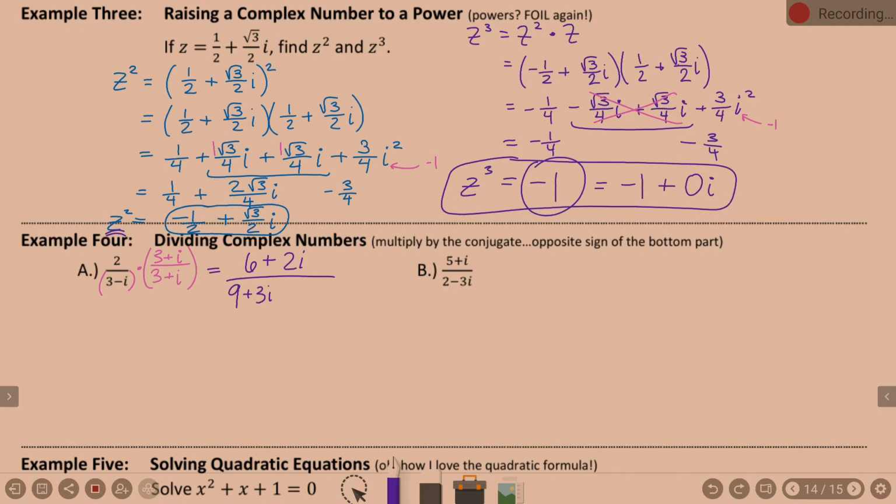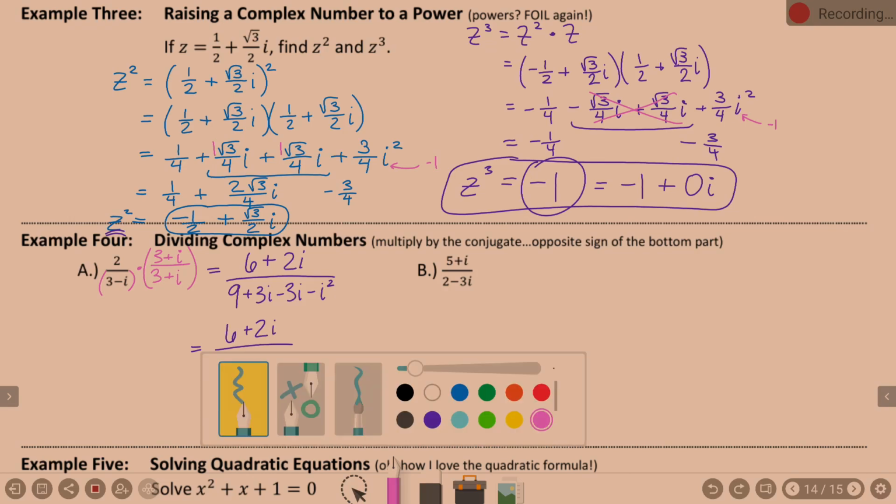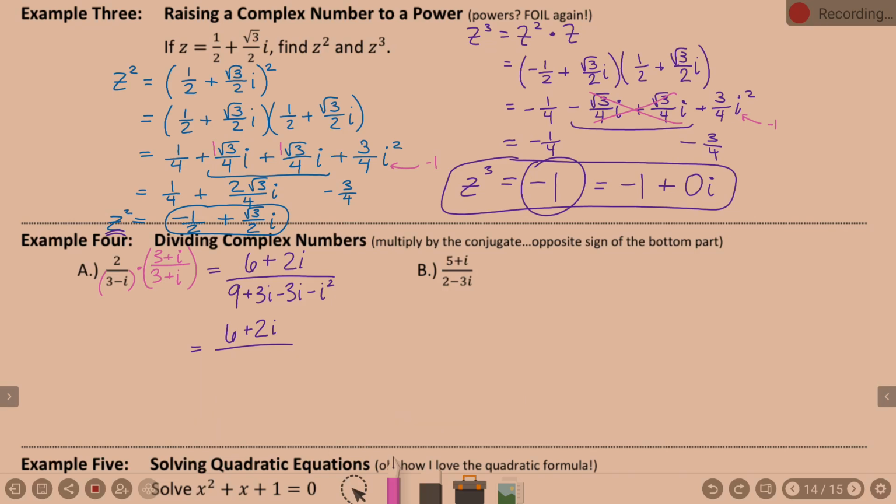Insides, negative i times 3 is minus 3i. Last, minus i times i is minus i squared. From here, it's a bunch of cleanup. 6 plus 2i for right now is just 6 plus 2i. What do you know about that denominator? The 3i's cancel out, and then the negative i squared would be negative 1.